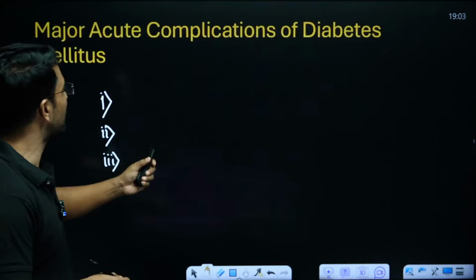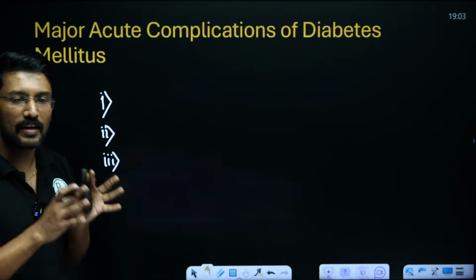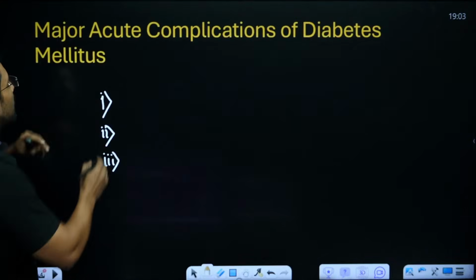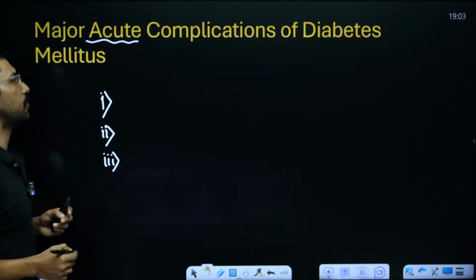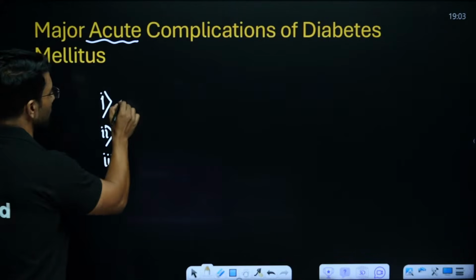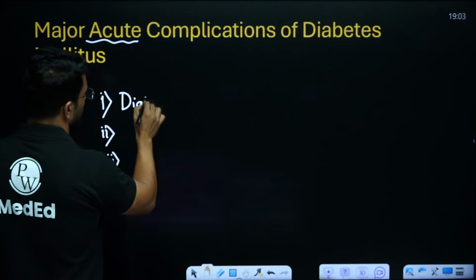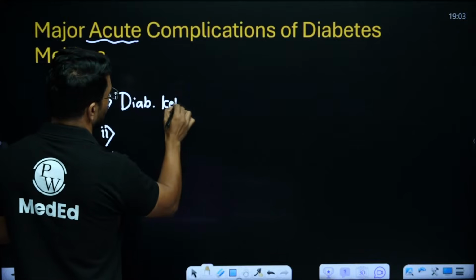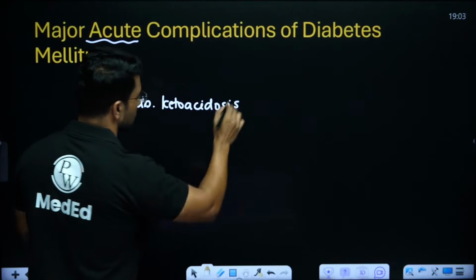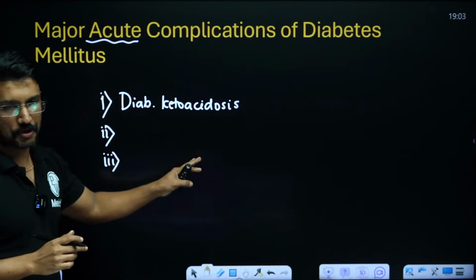We're going to talk about the diabetic ketoacidosis and hyperosmolar hyperglycemic state. So we classify them under the acute complications of diabetes. So there are three major acute complications of diabetes. The first one is diabetic ketoacidosis, or DKA. For the university exams, this is a repeatedly asked 10-mark question.